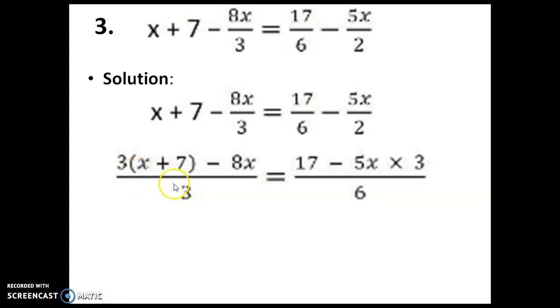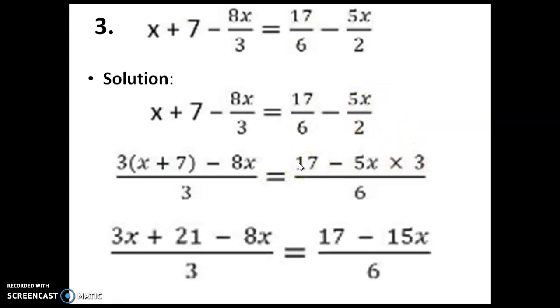For taking the LCM, x plus 7 is multiplied by 3, and here 6 is the LCM of 6 and 2. So the numerator of 2 we have to multiply by 3.